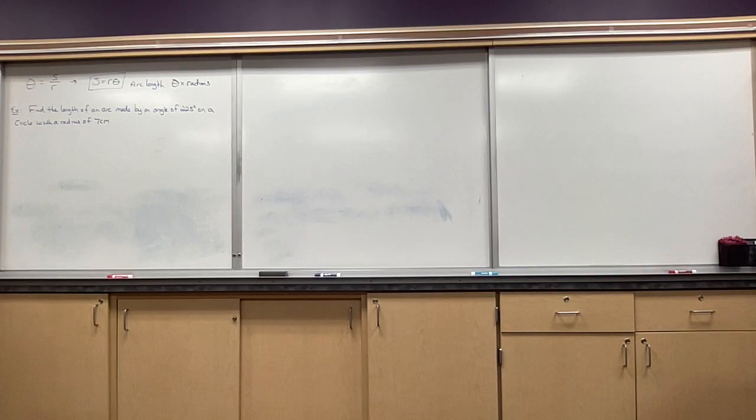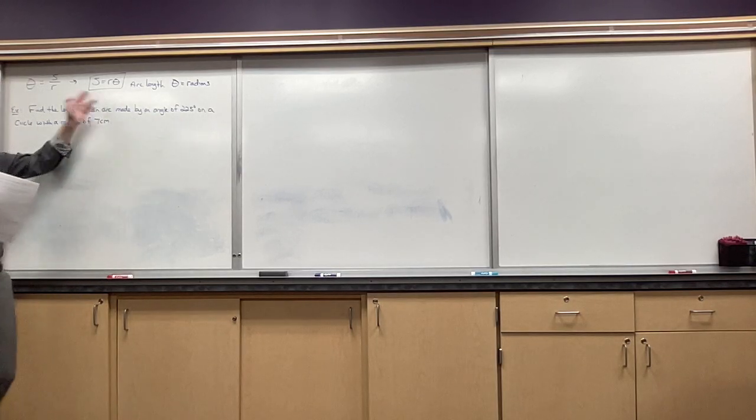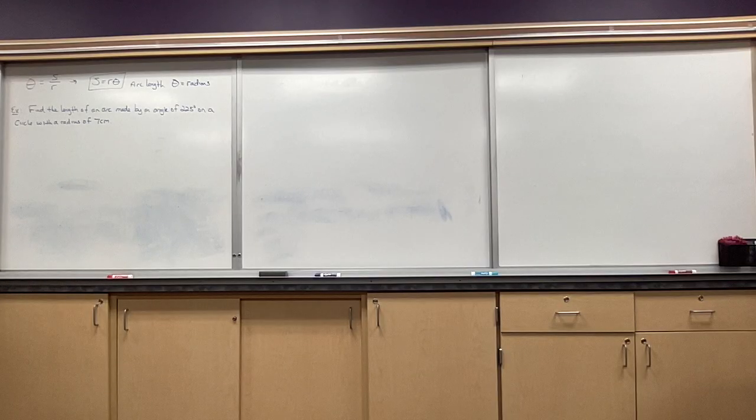Okay, so that's what we're going to do for this one. And we have the majority of the information, which is really nice. Reading the problem, though, this is in degrees. Okay, so I can't use this formula if it's in degrees. So I got to do a little conversion. Okay, so let's do that first.